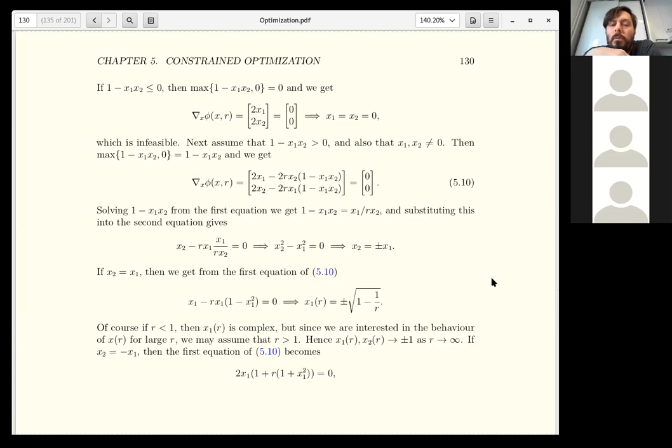And now we have a solution that depends on r. It's a closed form solution. In general, we don't get this, but in this situation, we get a solution that depends on r. We know that x1 is plus or minus x2. So in this situation, if we let r approach infinity, then this approaches plus or minus 1, and x2 will be equal to that.